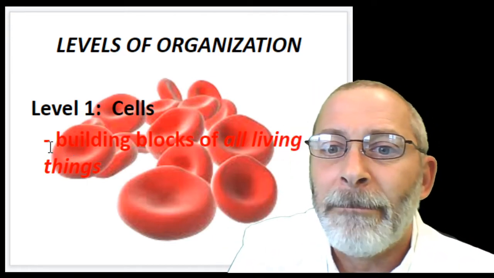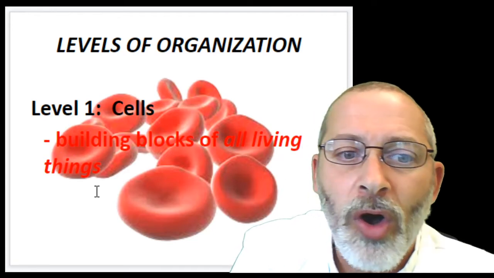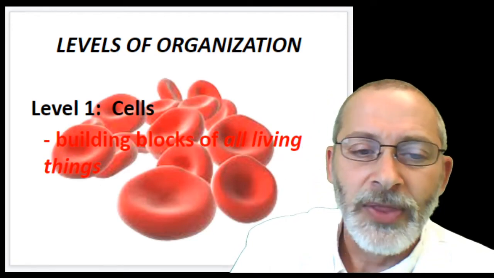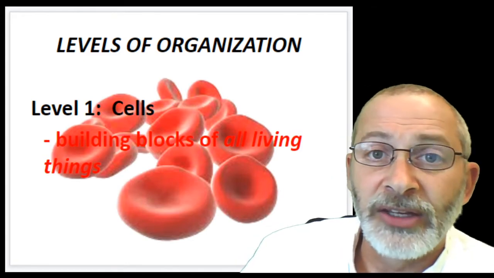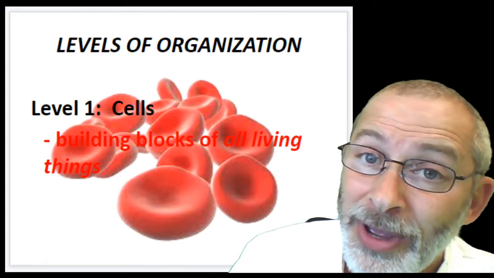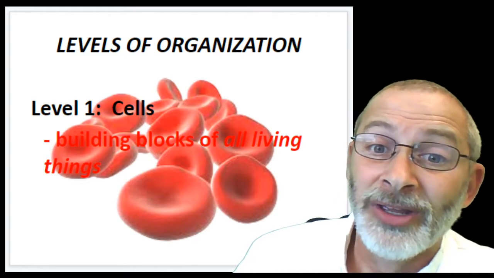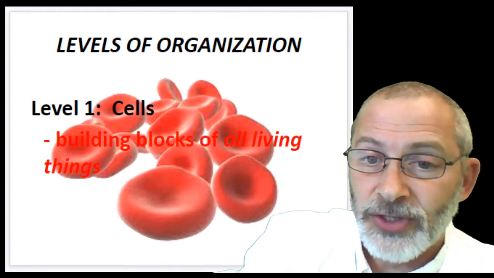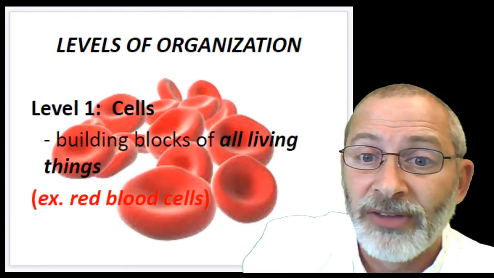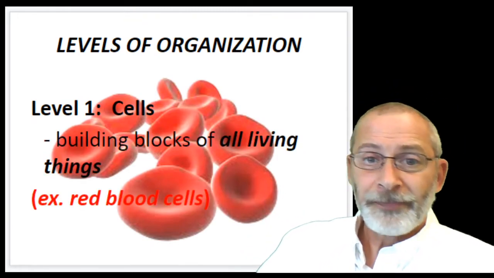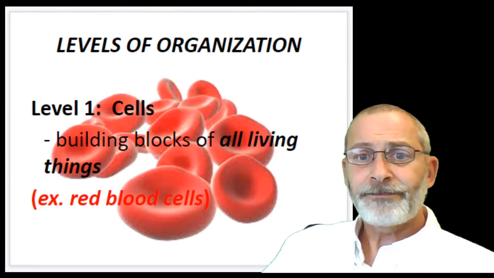Cells are the building blocks of all living things. Should sound familiar to you anyway. Basically the definition of a cell. There you can see it a little bit better now that I've turned it black.